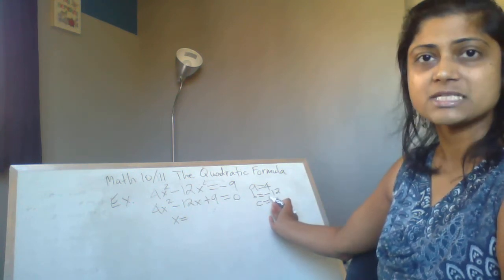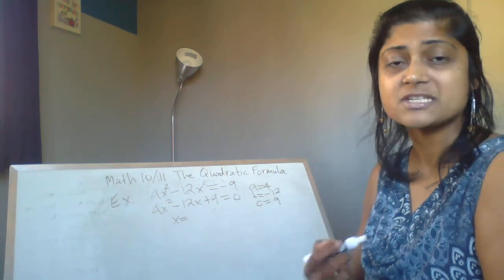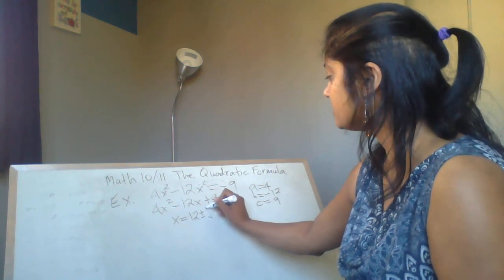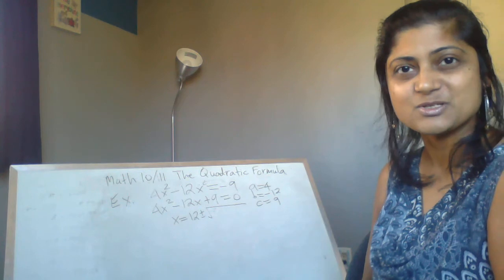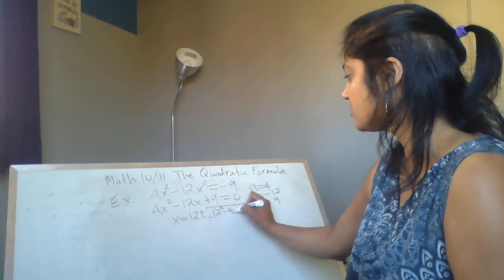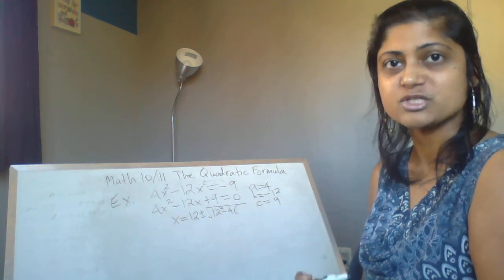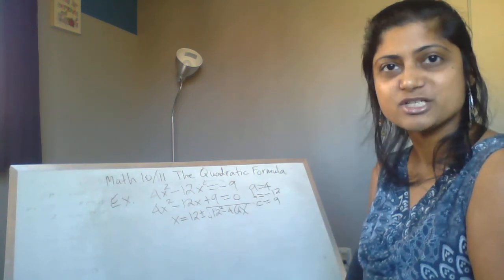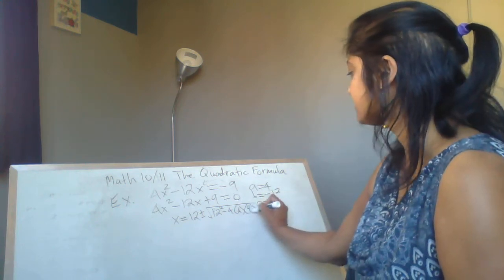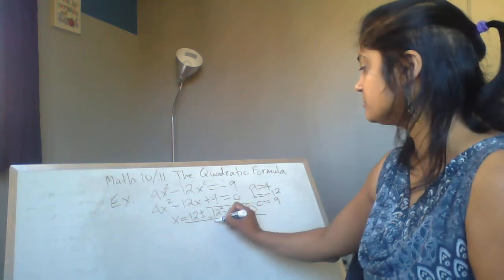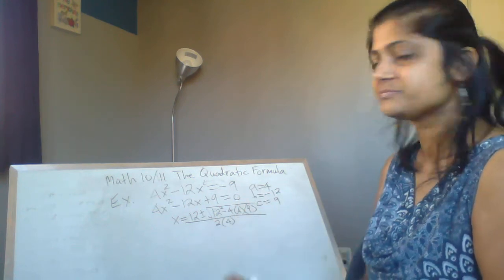Here, my b value is -12, so the two negatives cancel out. It's going to become +12, plus or minus the square root of 12 squared minus 4 times a, which is 4, and times c, which is 9. And the whole thing is going to be over 2a, or 2 times 4.